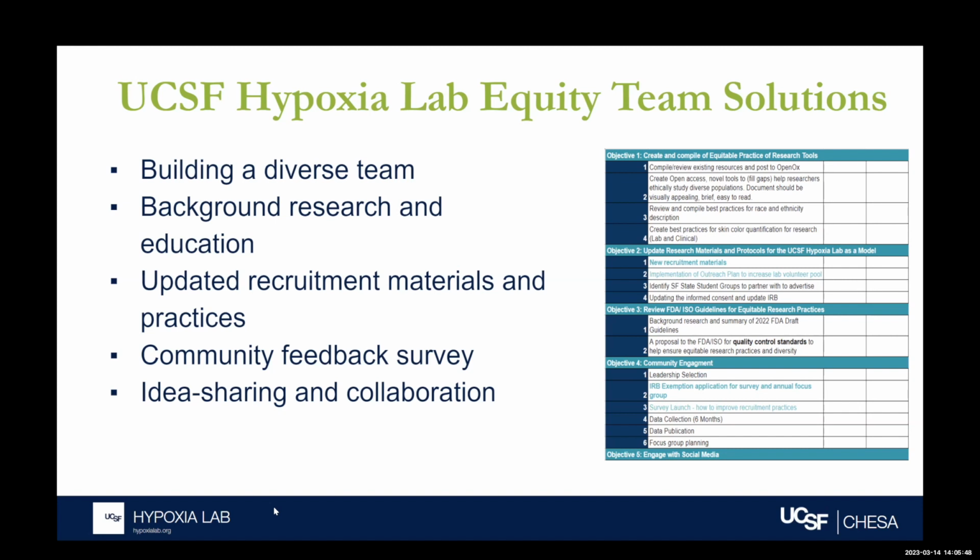And then updated recruitment materials and practices. So one of the immediate goals of this group is to improve our admittedly outdated recruitment materials and practices for the Hypoxia Lab. Then what we want to do is share how we specifically accomplish this goal, and that is an ongoing process. But of course, data is everything in the digital age.